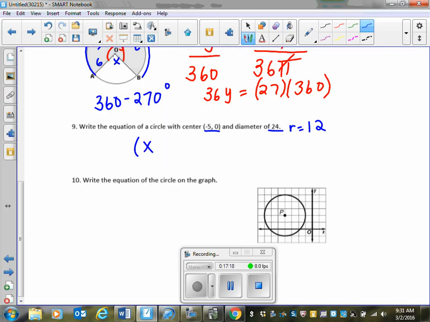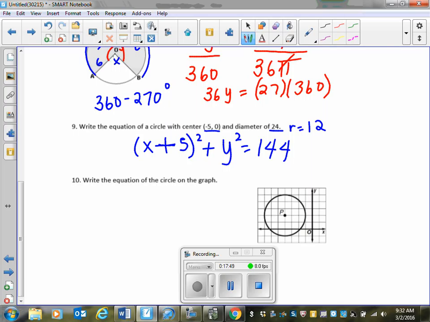So all I have to do is x minus -5, which ends up being x + 5 squared, plus y minus 0 squared, which is just going to be y squared, right? Because any number minus 0 is just that number. Y squared equals 144. All I did was take 12 and square it. 12 squared will give you 144.